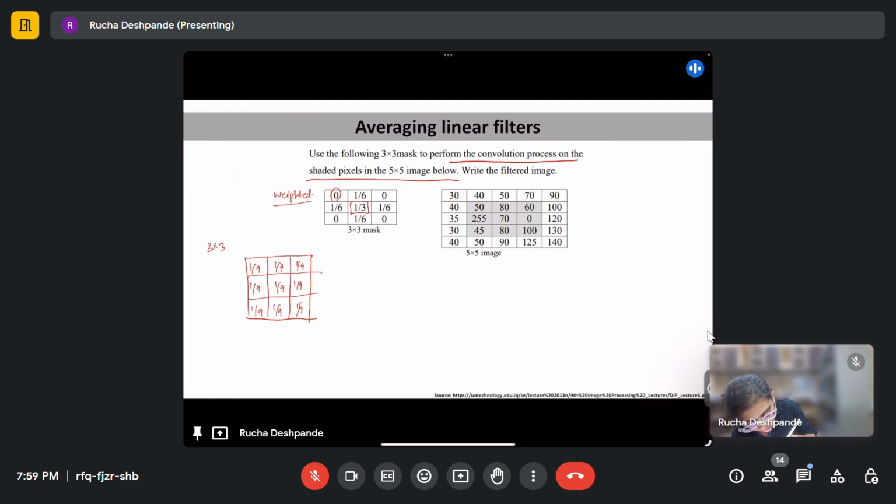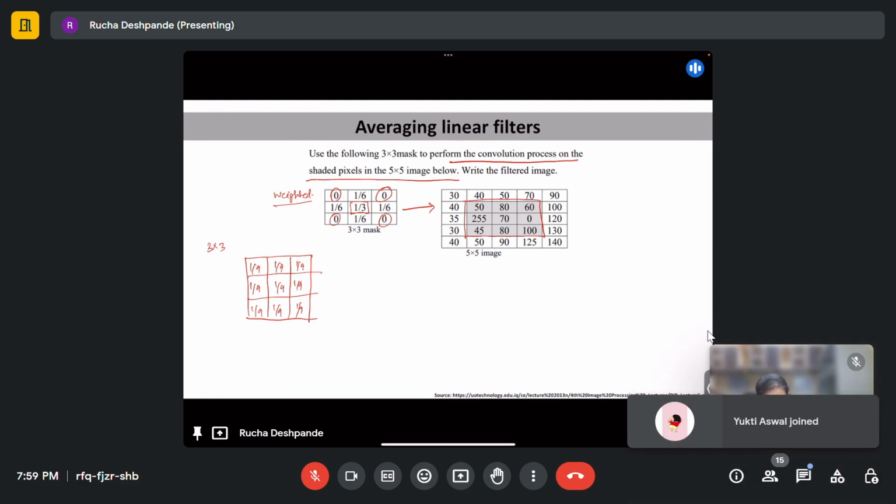Here the diagonal elements are all 0, and along x and y we have 1 by 6, 1 by 6, 1 by 6. If we apply this mask on this 5 by 5 image, we will not be able to calculate the edge pixels. We will be able to calculate only for this 3 by 3 matrix.